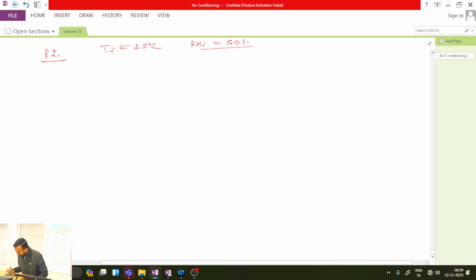The bypass factor of the cooling coil is 0, because I told you first we will do the problem with zero bypass factor. And the outdoor air is at 45 degrees Celsius and 30% RH.